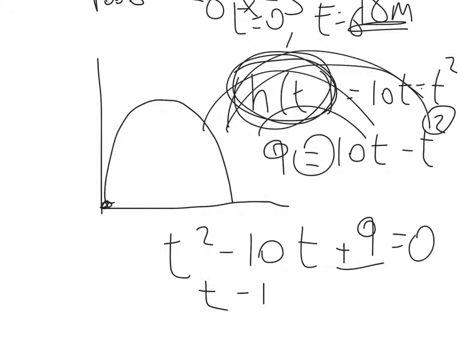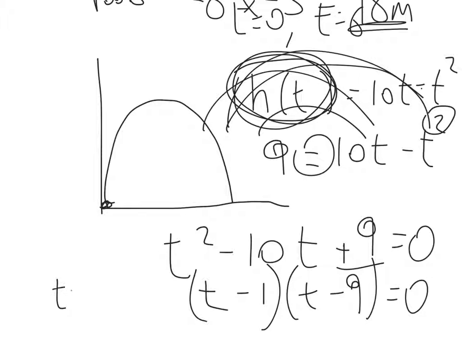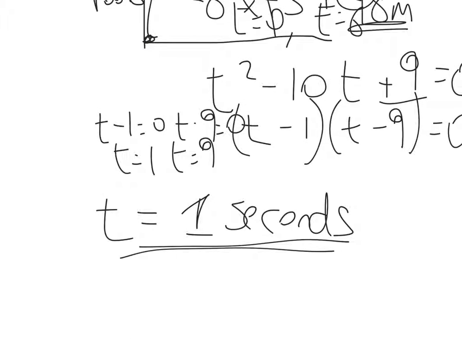That will be (t minus 1)(t minus 9), which means t minus 1 could be 0, or t minus 9 could be 0, which is t equals 1 or t equals 9. So it will first be at a height of 9 meters after 1 second.